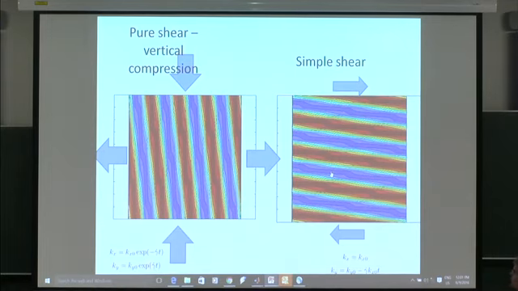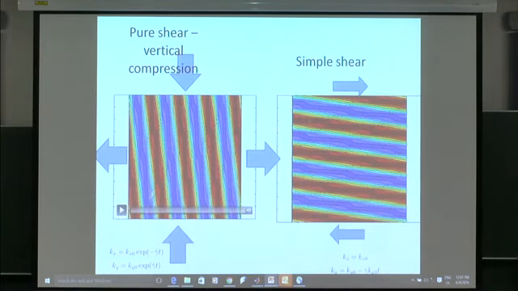One of the things that happens in the linear theory is you have these time-dependent wave numbers that get rid of the advection term essentially, and so in a pure shear they go exponentially. And what happens then is that the wavelength in the x direction will actually increase exponentially with time.